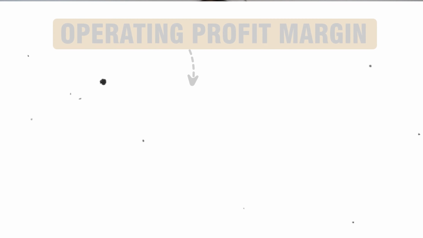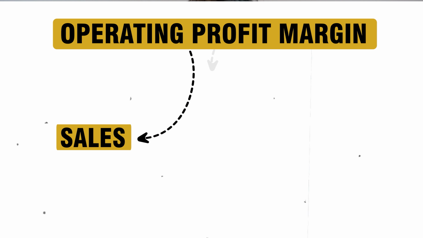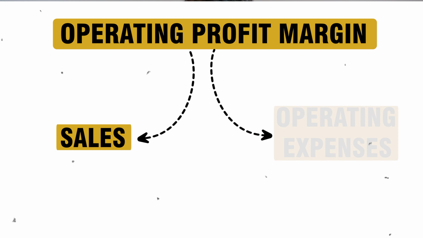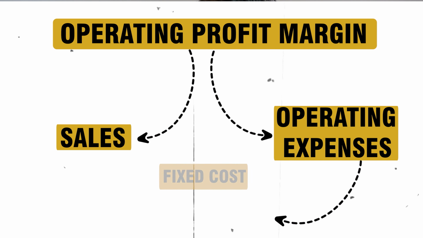In order to understand that, we need to break it down into its subcomponents, right? So operating profit margin is a function of sales and operating expenses. Let's start off with operating expenses. If you break them down, they are a function of fixed costs and variable costs.